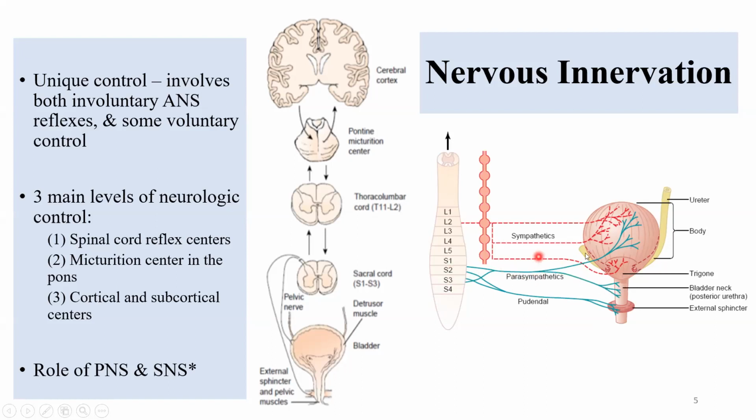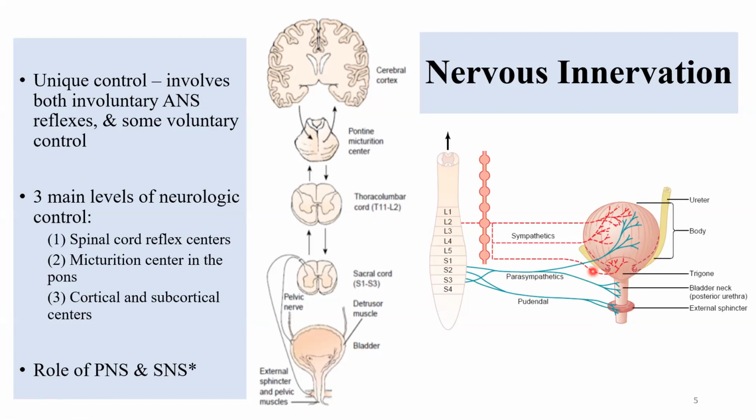They're going into the bladder, supplying the main bladder body. Then you have the same parasympathetic fibers going to the bladder neck, the posterior urethra. So these are the parasympathetic fibers. They are part of the pelvic nerves, which go from the spinal cord towards the bladder.